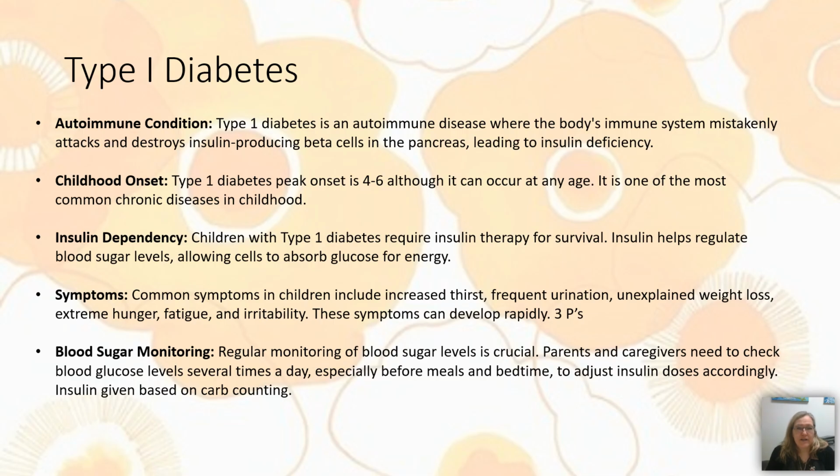So some key points to remember about type 1 diabetes are, 1, that it's an autoimmune disorder. So the child does need to watch their diet, and exercise helps, but it's not helpful to blame them for not having been in control of their diet or exercise and having that be the cause, because it's not.